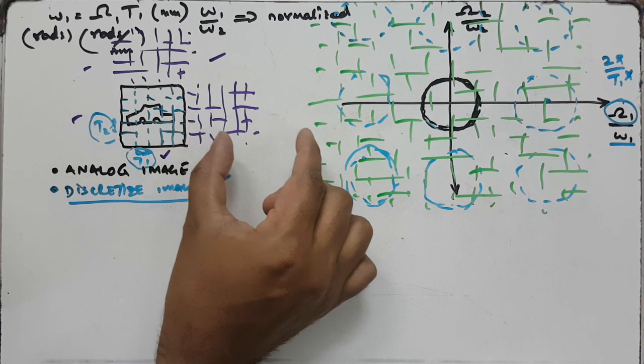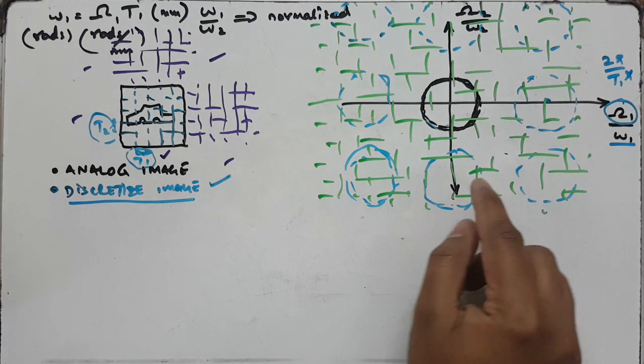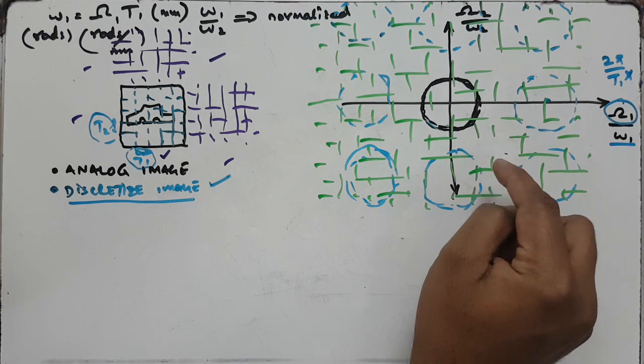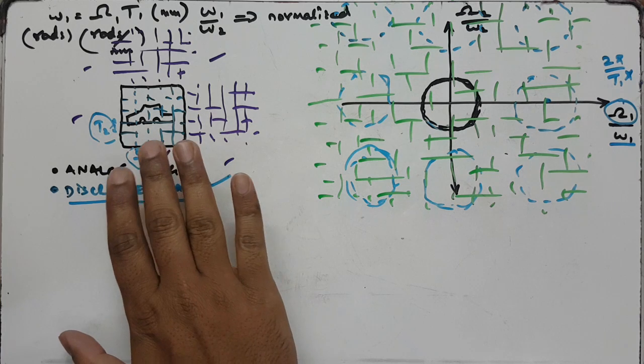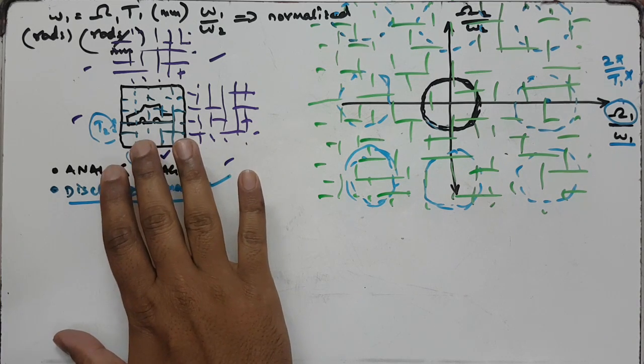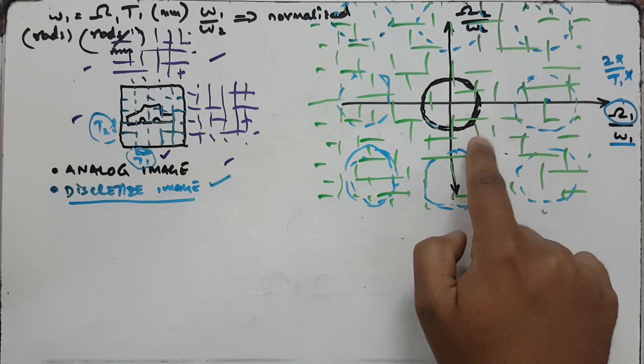It's going to be far, or it's going to be near, or it may alias depending upon the sampling frequency, the green part here. So what happens? The sampling here, the Fourier transform of the sampled version here gives us periodic extension here.